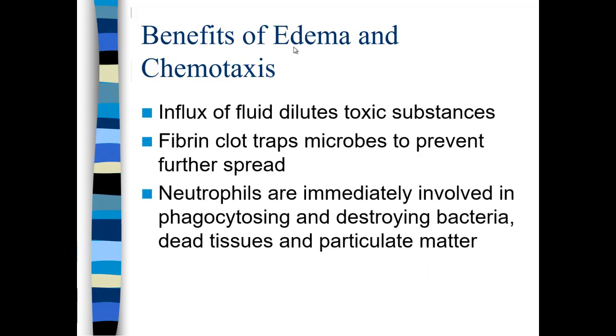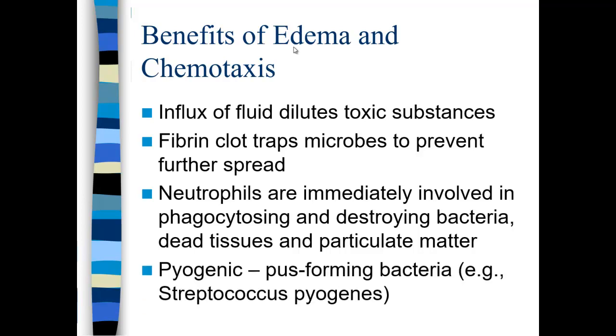And then neutrophils are immediately on the scene. Neutrophils are the most ubiquitous white blood cell in the body, and they phagocytose and destroy the bacteria, get rid of dead tissues and particulate matter. Okay? And then if you have pus-forming bacteria like Streptococcus pyogenes, which we cultured in the lab, then we call this pyogenic, and you start to get pus formation.